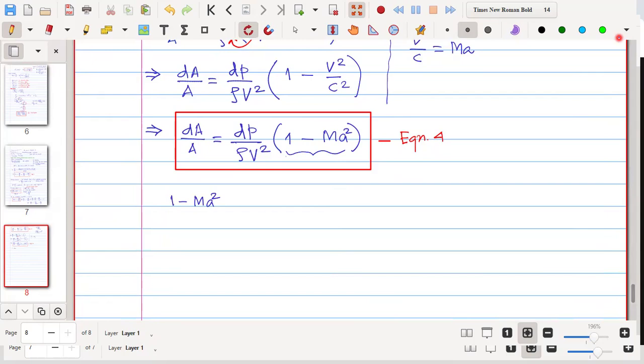So this quantity is positive if Mach number is less than 1. What is that called? Mach number less than 1, that is called subsonic flow.